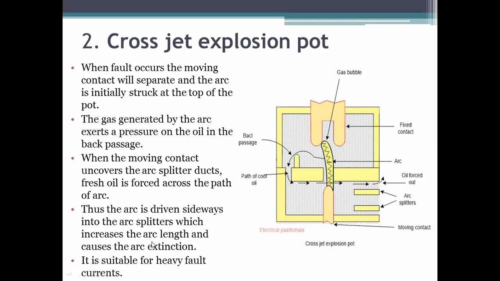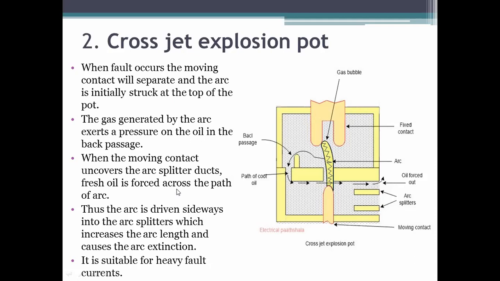By using these arc splitters, the arc gets extinguished, and it is suitable for heavy fault currents. Remember, this cross jet explosion pot is used for heavy fault current.